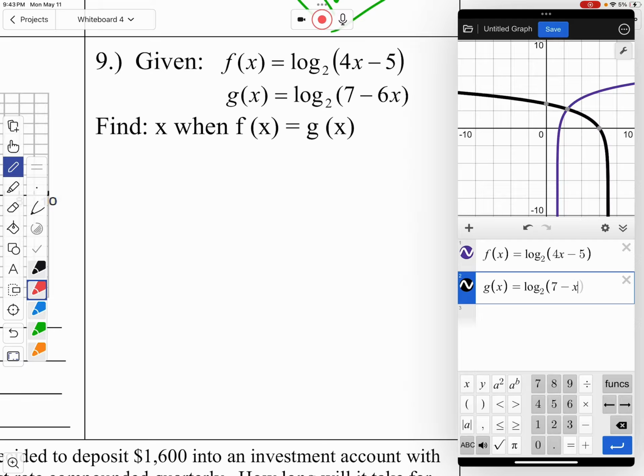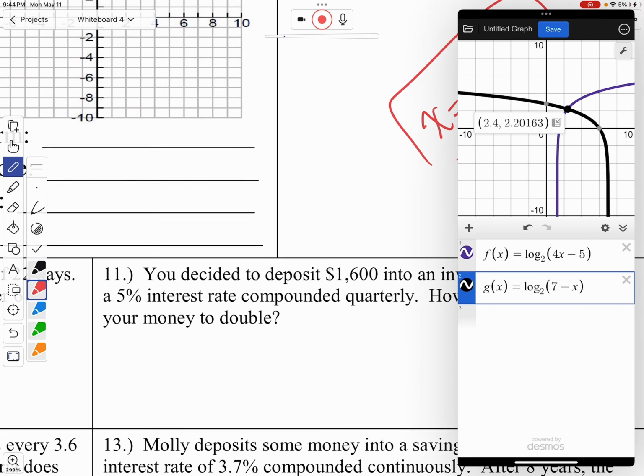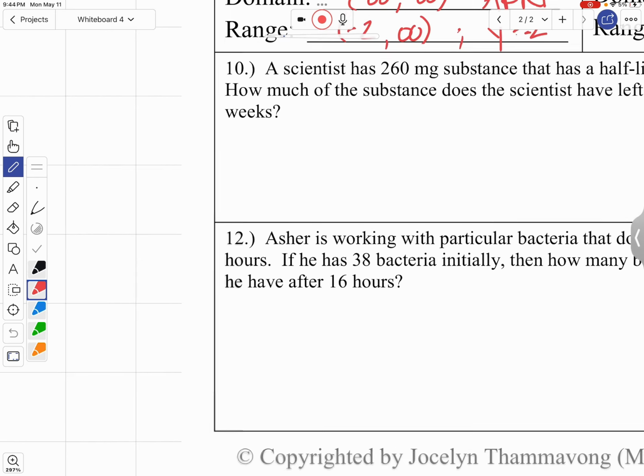And I'm looking where the two are equal, which means I'm looking where they crisscross, and my value for x is 2.4. So anytime we have like a solving question or a where are they the same, we're just looking where they crisscross.